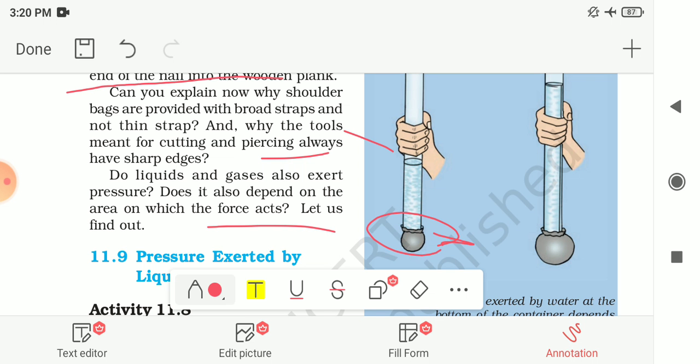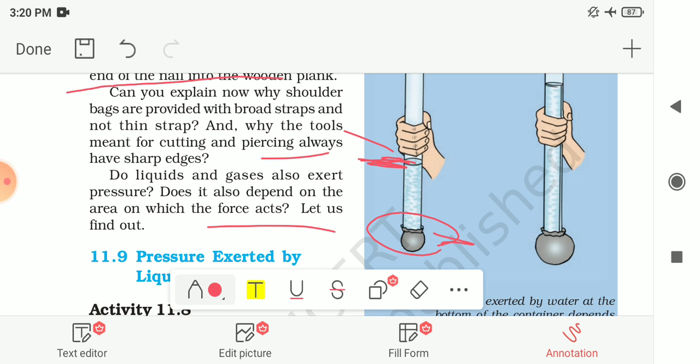Next, note also the height of the water column in the pipe, that means the level of the water in the pipe. Then pour some more water and again observe the bulge in the rubber sheet and the height of the water column.